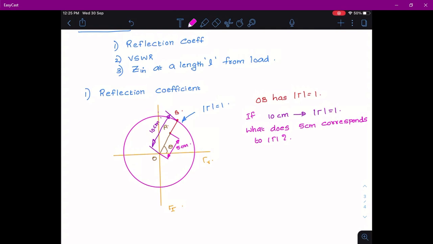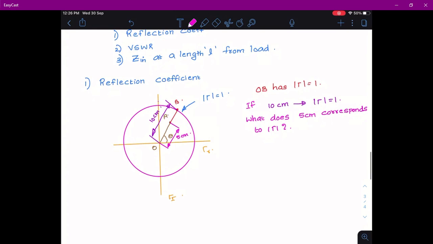Since this is a plane of real and imaginary part, the relation between these two quantities is linear. Implies 10 centimeter corresponds to reflection coefficient of 1. So 5 centimeter corresponds to a reflection coefficient of 1 by 10 centimeter into 5 centimeter, which is 0.5.